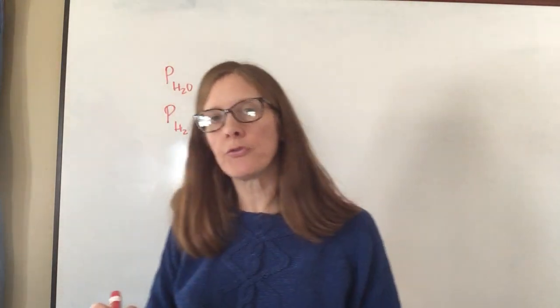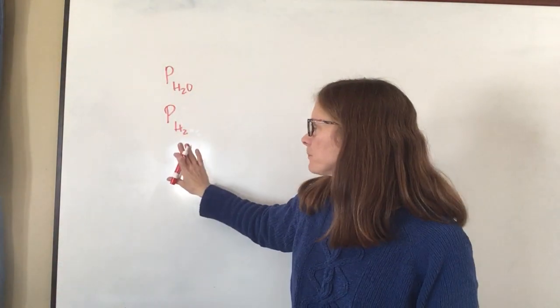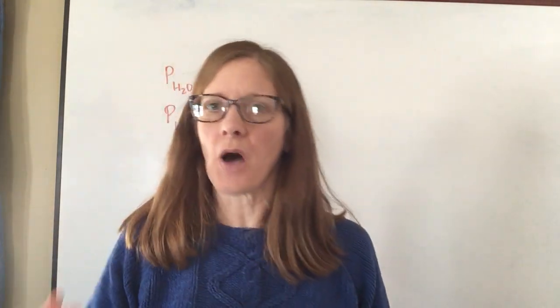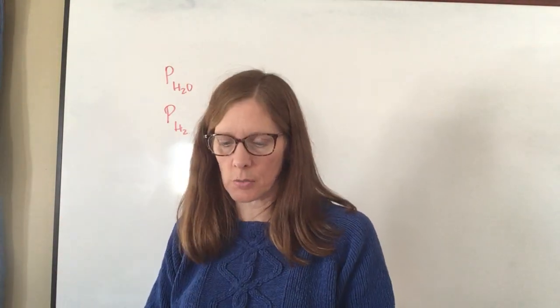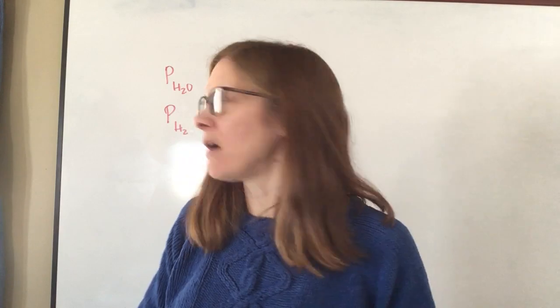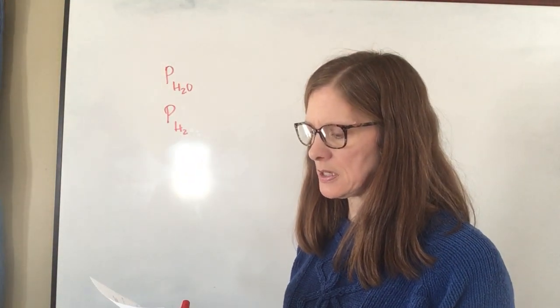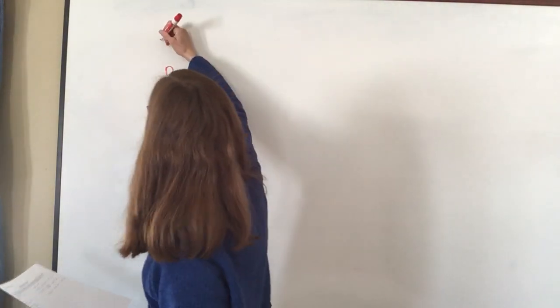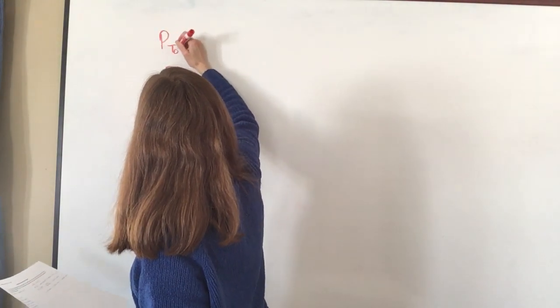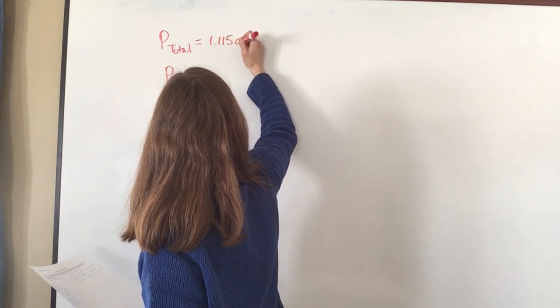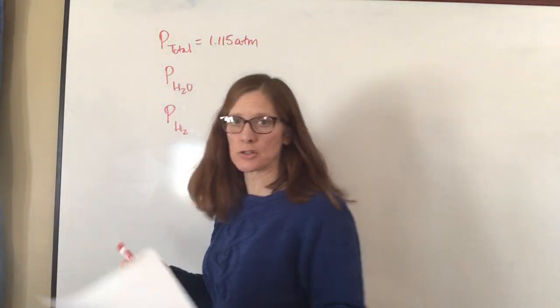If you recall from before, once I know the pressure of the gas, the temperature, and the volume of the gas, I can calculate how many moles of that gas I have. That's why I would want to do this to start with. Now, I know that the total pressure of the gas is 1.115 atmospheres because they told me that.